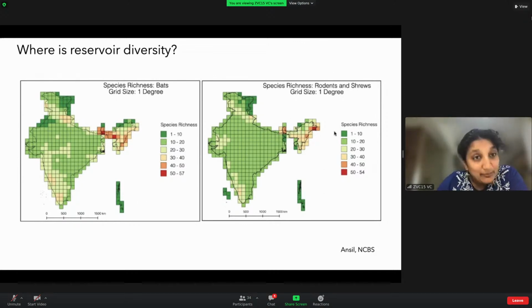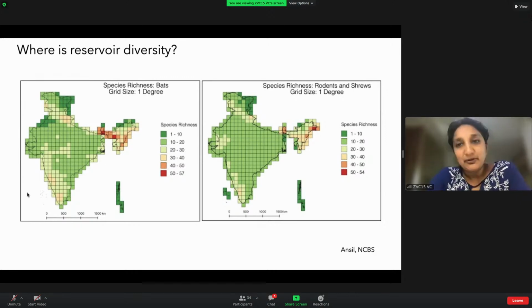Also, small mammals like rats and mice are known to be reservoirs for several viruses, but also many, many bacteria, bacterial spillover agents. And so you can see that immediately, if I was to prioritize an understanding of spillover risk, which you can hope to use such knowledge for mitigation, one would tend to study these questions in biodiversity hotspots, which are the Northeast and the Western Ghats.